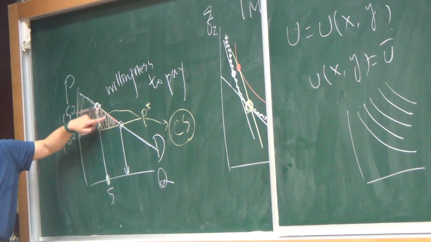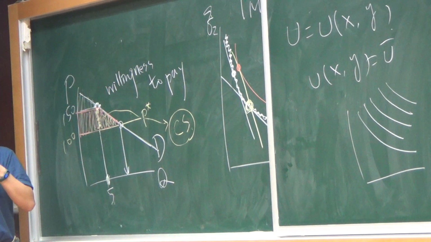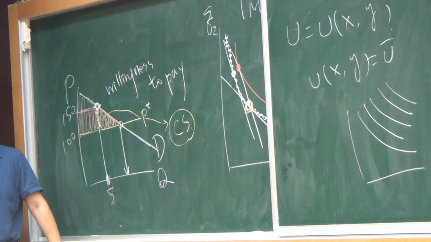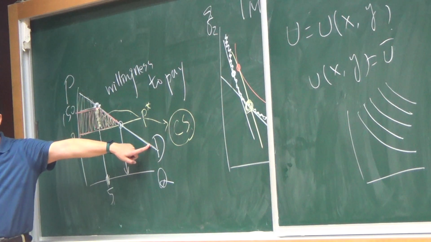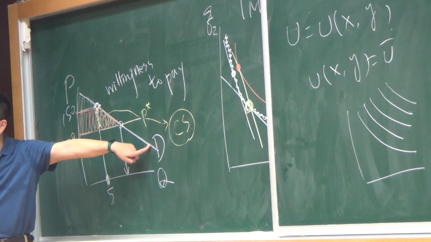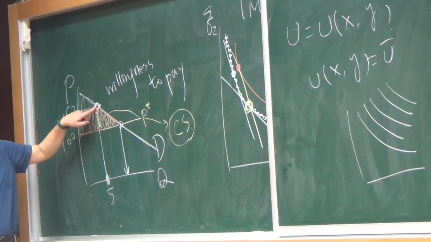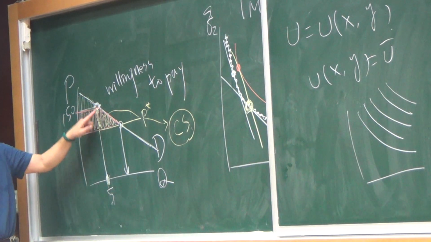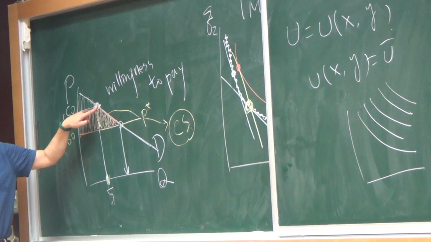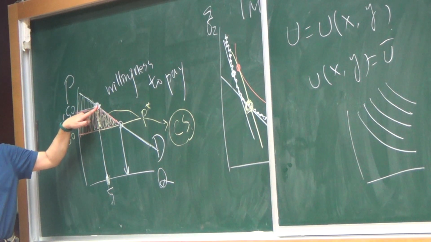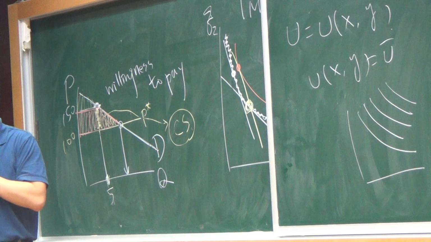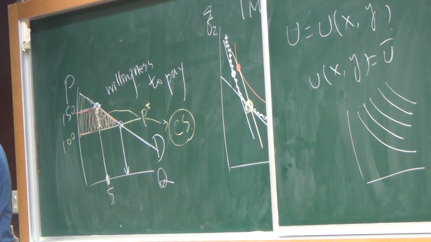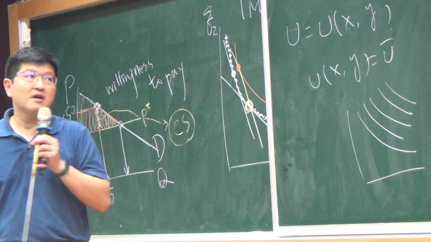With the price going down, the indifference curve would be higher, right? So these points provide a higher utility level, and this would be a lower utility level. So from here to here, we feel bad because the utility changes, okay? So we want to compensate, and we want to make the consumer remain at the same utility level.